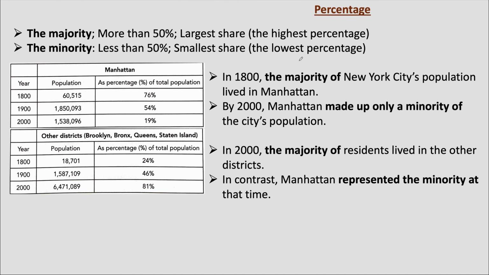In these tables, the figure for Manhattan was 76% in 1800, so we use majority, and 19% in 2000, so we use minority. Similarly, we use majority for the other districts for 2000.